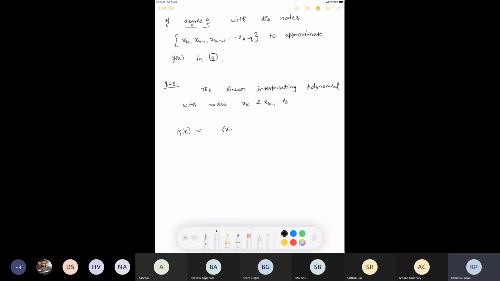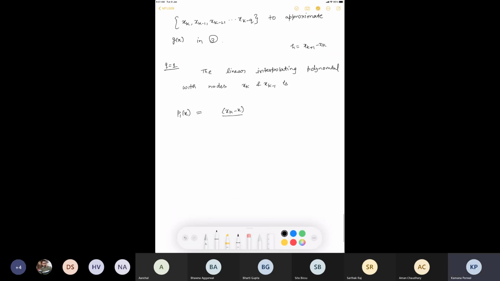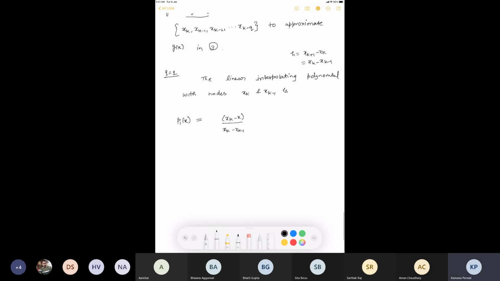So it is going to be (xk minus x) divided by the length, which is xk minus xk minus 1, that is, we are still considering equally spaced points, into g evaluated at xk minus 1, plus (x minus xk minus 1) divided by (xk minus xk minus 1) into g at xk.